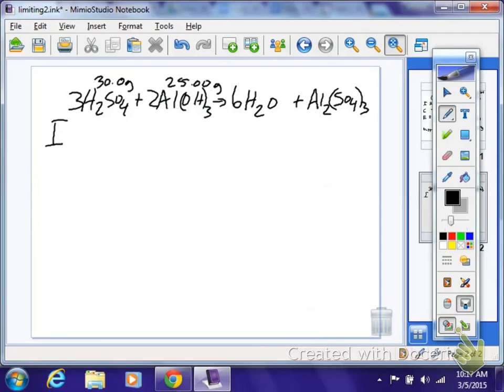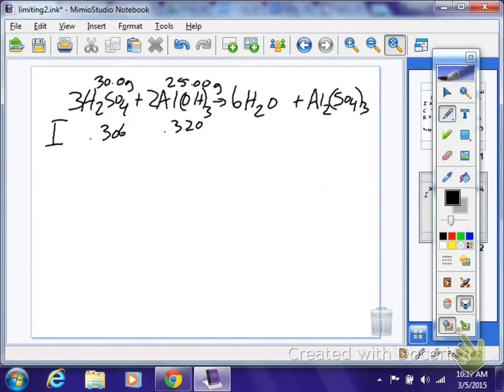Got to have moles. So everything in the ICE table is just moles. So what I'll do is take 30, and most people in this class I noticed coming around, you had them right. This first one is 0.306 moles. And then the second one is divided by 78.01, and that's 0.320 moles.